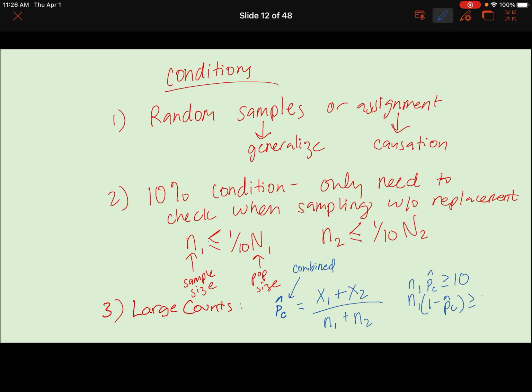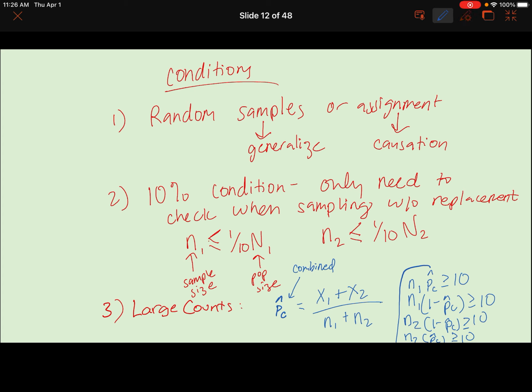Make sure that's greater than or equal to 10. And then same thing for my second sample size. So I'm going to do all of this for n sub 2. Make sure that's greater than or equal to 10. So you have to check all of those.